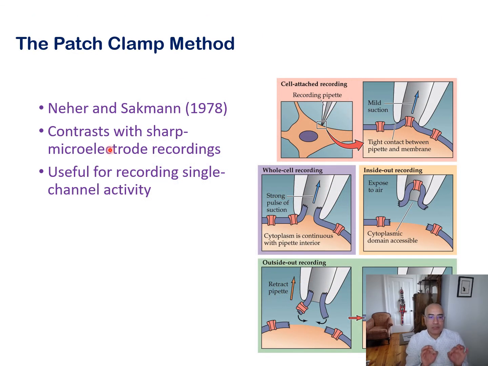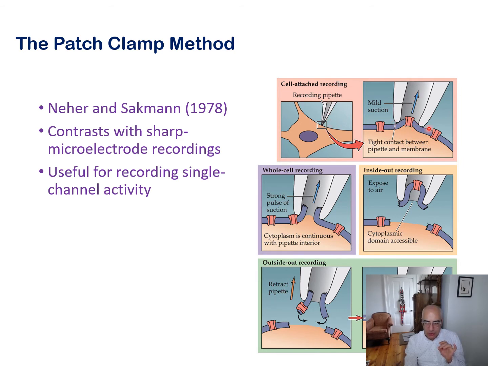How we know about the properties of channels is through a method that was developed by these two scientists, Neher and Sakmann. This method is known as the patch clamp method, and it is a way of putting an electrode onto a cell and recording its properties. It is very useful for recording single channel activity, and it's different from the methods that were being used before that and are still being used, known as sharp microelectrode recording. So in this case, a glass micropipette that is filled with a fluid is brought down to the cell membrane.